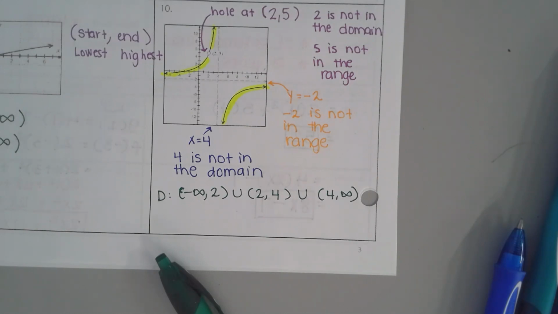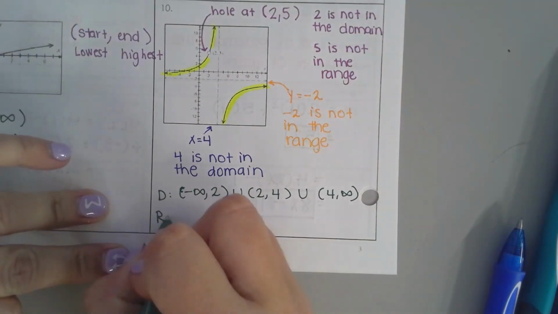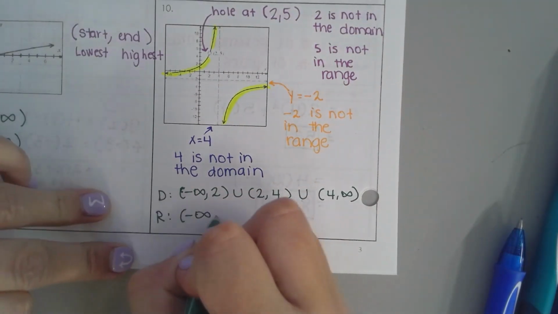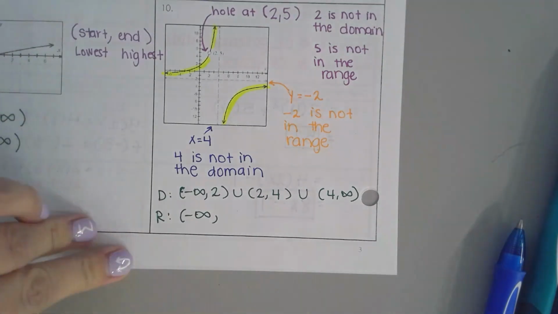So basically from there to there, from there to there, and there to there. And then I've got 2 to 5, break, and then 5 to infinity. We'll do some more of these tomorrow.